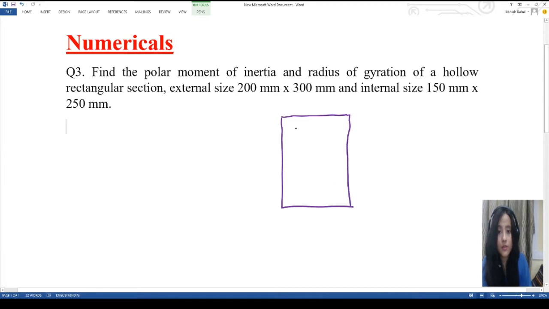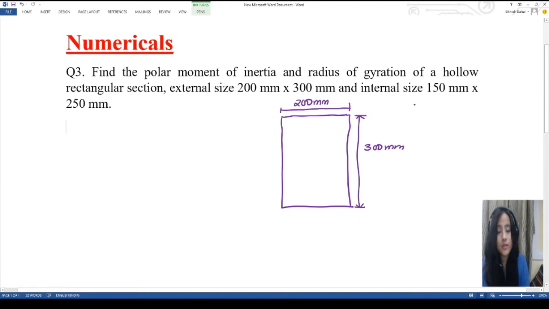From here to here it is 200 mm and from here to here it is 300 mm external, right?